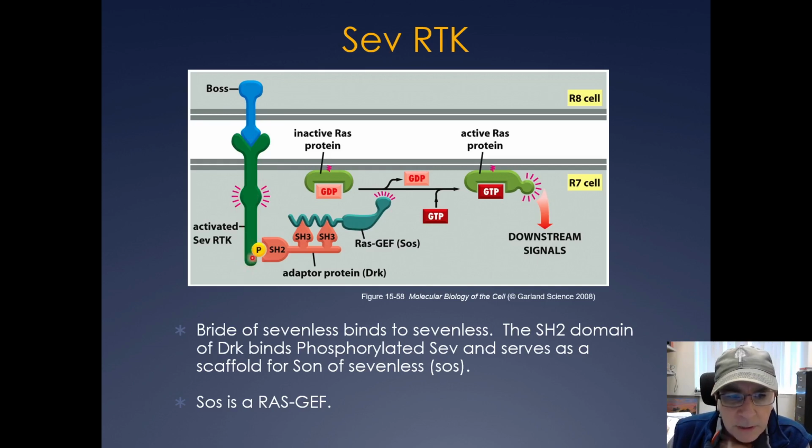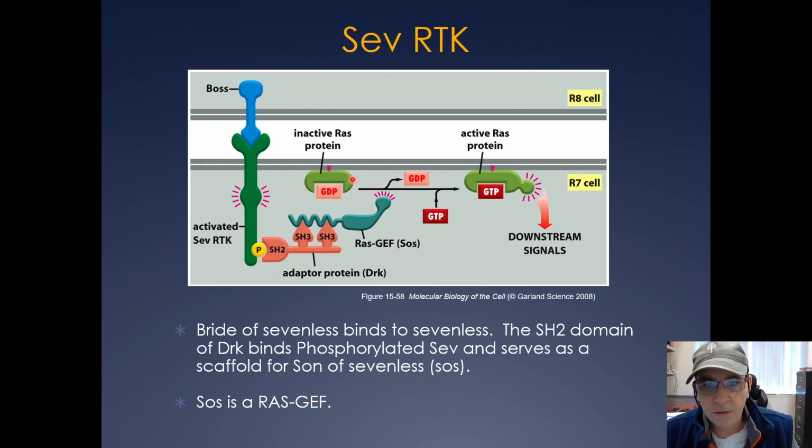phosphorylation of a tyrosine through the receptor tyrosine kinase, and that recruits the adapter protein DRK binding via the SH2 domain, and then you have this protein called SOS, or son of sevenless, binding to the SH3 domains. So it turns out son of sevenless is a RAS-GEF. And so if you go back to part A of today's lecture, you'll remember that the GEF is a GTP exchange factor.